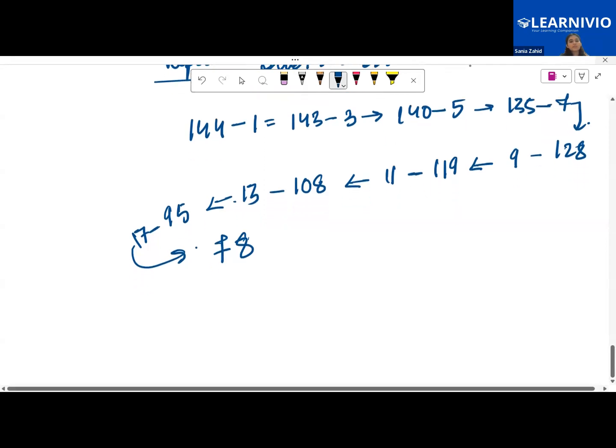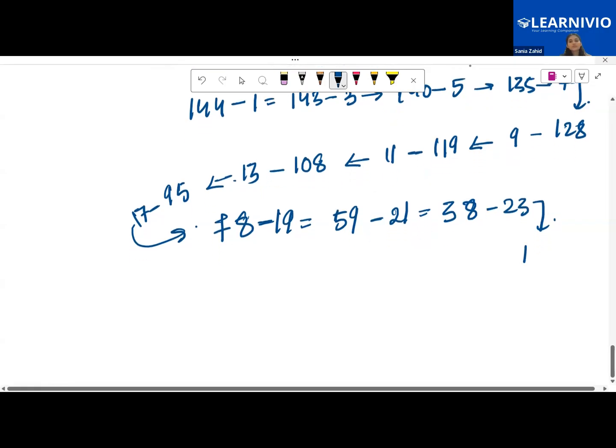Okay, then you subtract 19, you will have 59. Then you subtract 21, you will have 38. Then you subtract 23, you will have 15.